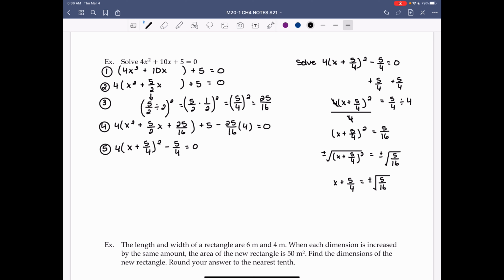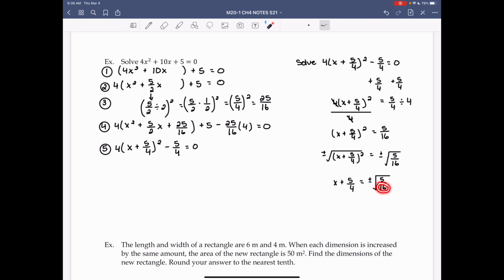Now we can simplify the radical. We have square root of 5 over 16. We can look at them separately. Square root of 5, can we simplify that? Our smallest perfect square is 4, which does not divide 5, so no, we can't. Can we simplify square root of 16? Yes. 16 is a perfect square number.